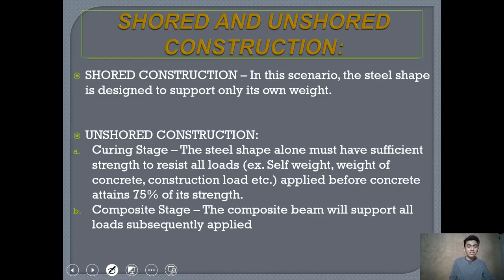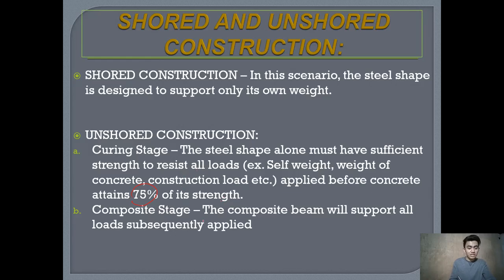For the curing stage, it says here, the steel shape alone must have sufficient strength to resist all load. Examples of the loads that it will resist are your self-weight, weight of concrete, and then construction load, which are applied before concrete attains, take note of this one, 75% of its strength. That is for the curing stage.